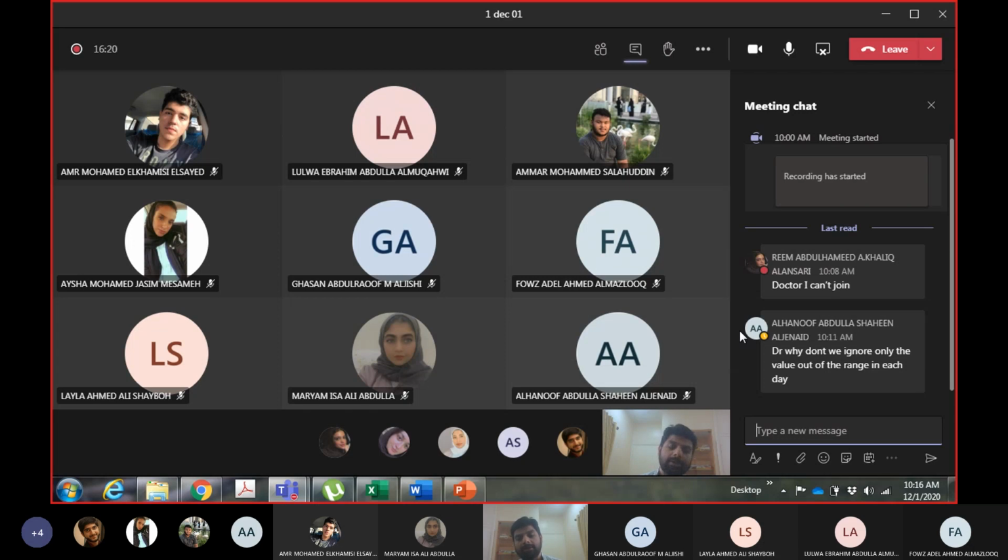If you are using the value for station 4 for one day, and for other days you are using the average, it becomes more confusing. So you cannot ignore the value for a specific day. When you are grouping the data, you cannot ignore the value for a specific day. Either you take all the values or you ignore all the values of a station. You cannot mix it. Mixing will become more confusing, and it will create more errors and mistakes.